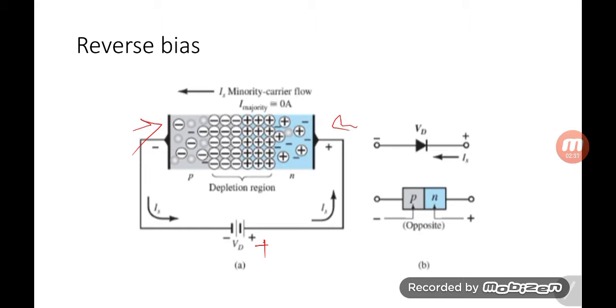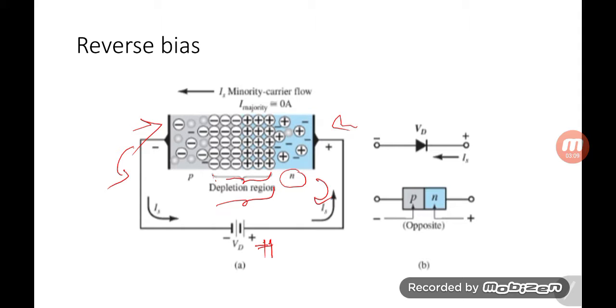Then the number of uncovered positive ions in the junction will be increased, because a large number of electrons, the majority carriers in the n-type material, will be drawn to the positive terminal of the voltage, and a large number of holes in the p-type material will be drawn to the negative terminal of the external applied voltage. So the uncovered charge will be increased near the junction. That's why the width of the junction will be increased.